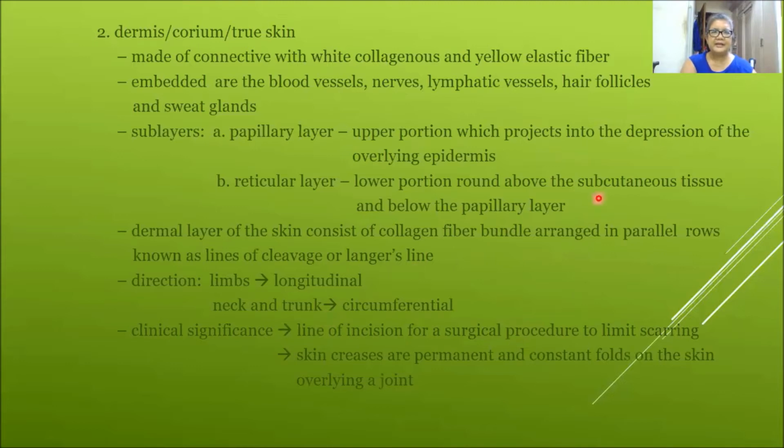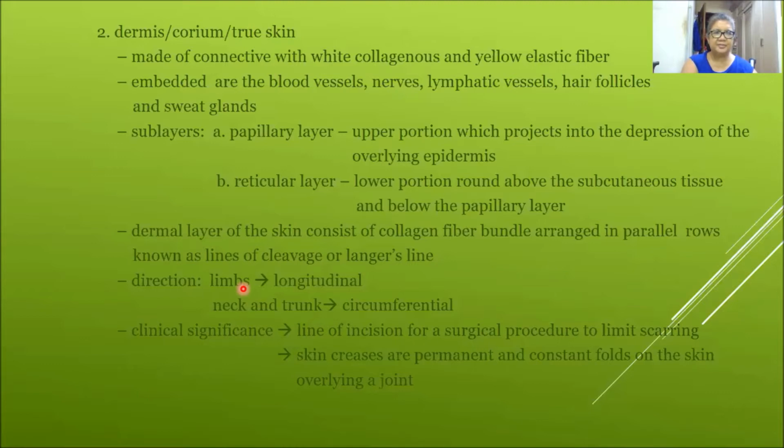The next layer is your dermis, which is also known as your corium. Now your dermis is made up of connective tissue, made up of white collagenous and yellow elastic fibers.